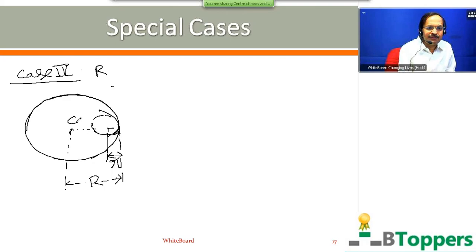Let's see with the center of original plate. That means for original plate, center of mass lies at C. Let M1 be the mass of the remaining plate. Let M2 denote the mass of the circular piece which is removed from one edge.